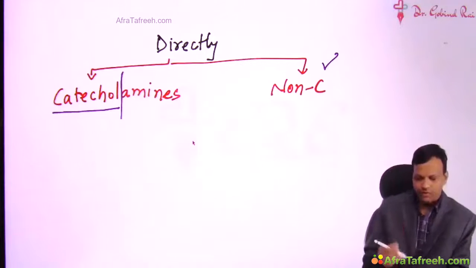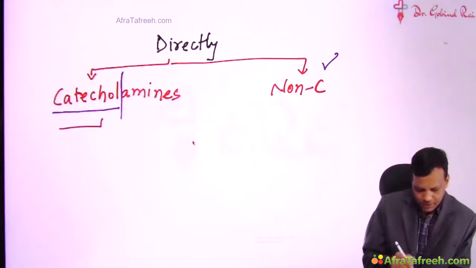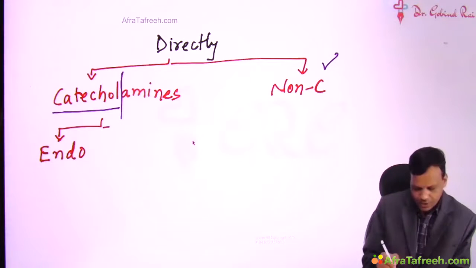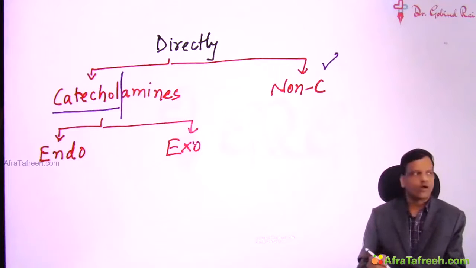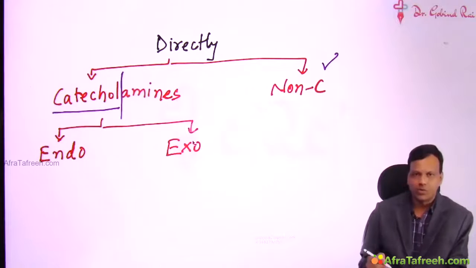Now catecholamines are further divided into endogenous catecholamines and exogenous catecholamines. Endogenous catecholamines means they are normally present in the body, whereas exogenous means they are given from outside only.